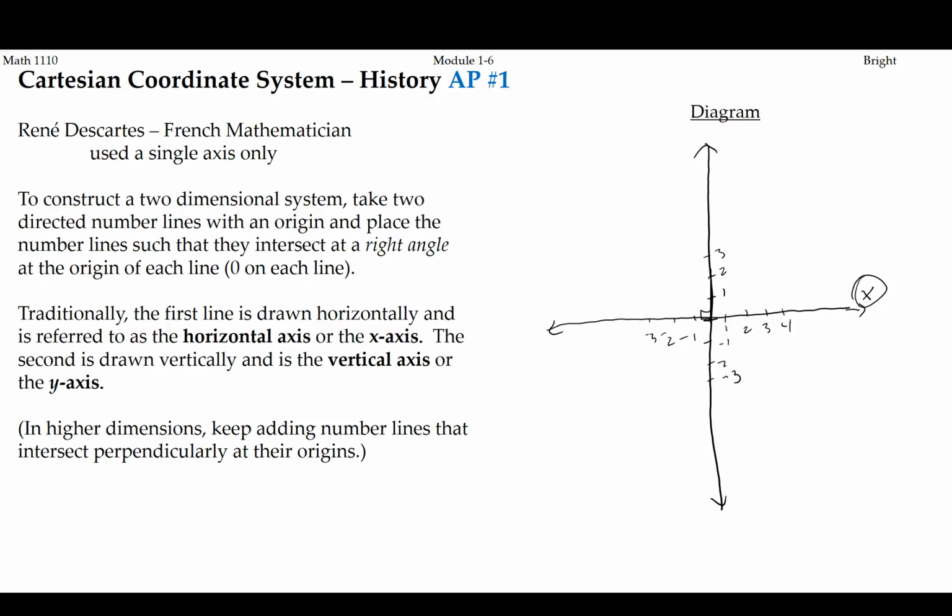Okay, so x, horizontal axis, depending on if you're not working in x, sometimes you work in t, so time, for instance, and so it would be the t-axis. And similarly, the vertical axis would be the y-axis. And again, these are just our traditional ones. You might see t and s, for instance, when we get into our physics applications.